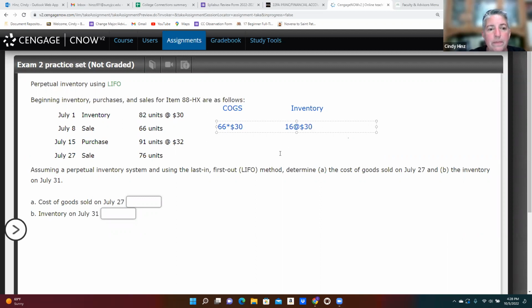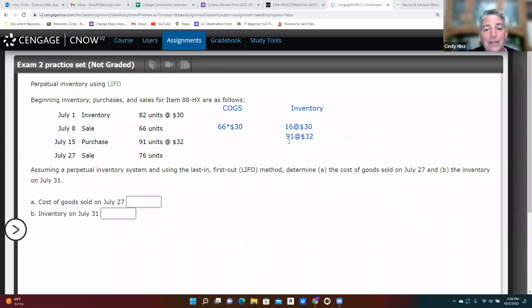Okay. Then we bought 91 more, so I'm just going to add those to our inventory record over here. 91 at $32. We're in a period of rising prices. We pointed that out before. And now we sell 76. We're using last in, first out. We now have 2 different layers of inventory here.